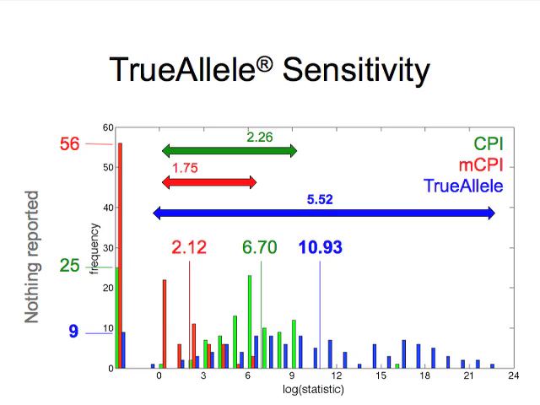In blue, this is what the TrueAllele system did. On the left, you see in terms of not reporting, it reported but not a positive match statistic on 9 out of the 111 genotypes.